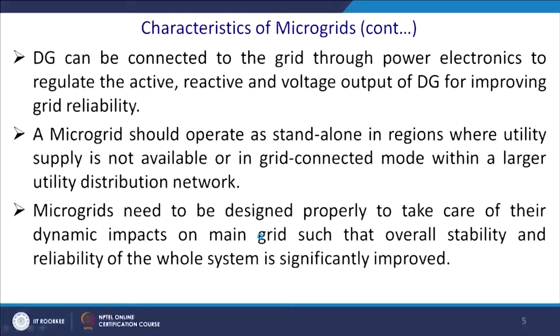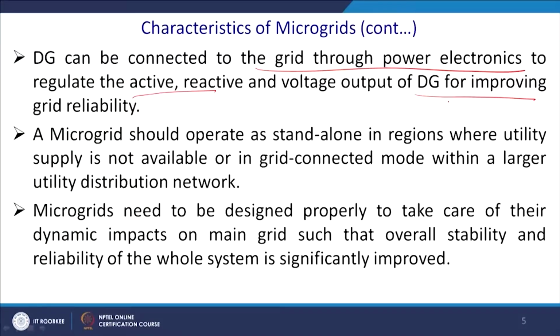Moreover, DG can be connected to the grid through power electronics to regulate PQ control, that is active and reactive power control. Once you are injecting power into or taking power from the grid, we have to maintain the grid code and the voltage output of the DGs to improve grid reliability.